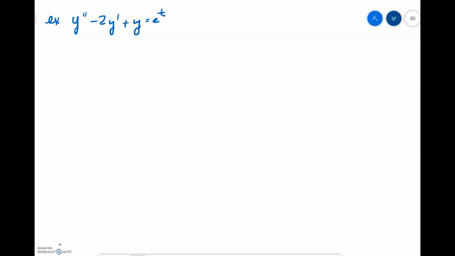Okay, let's remember what our keys are. The first part is to take the Laplace transform of the entire thing.